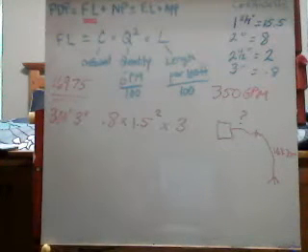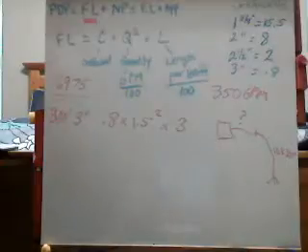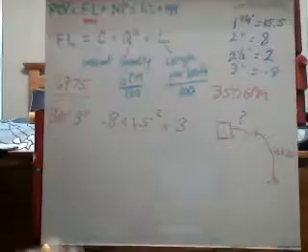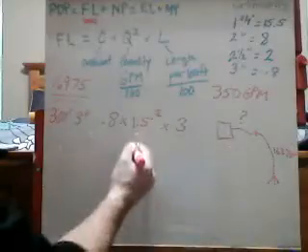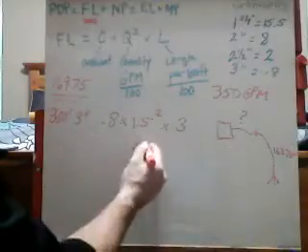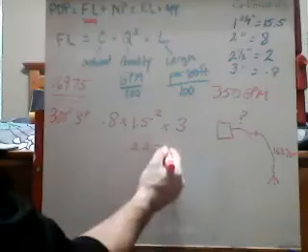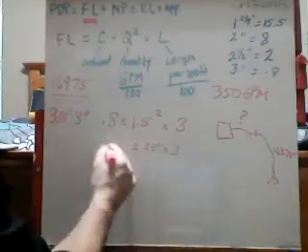The new equation is 0.8 times 1.5 squared times 3. So now take your calculator out. Your 1.5 squared is 2.25, times 3, times 0.8.